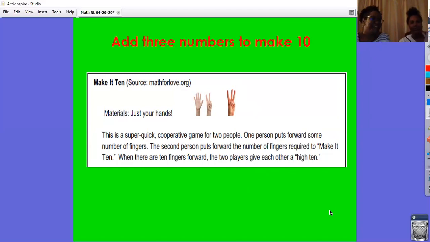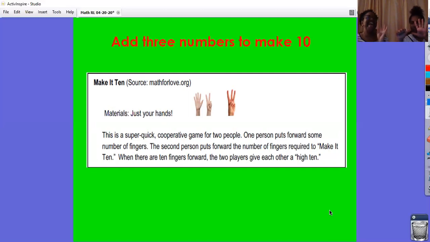All right, let's try that again. Let's see. Trinity, come up with some more numbers. All right. She's got 5, 6, 7, 8, 9, 10. 5 plus 1 plus 4 equals 10.